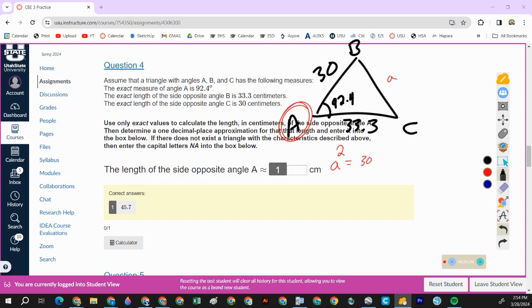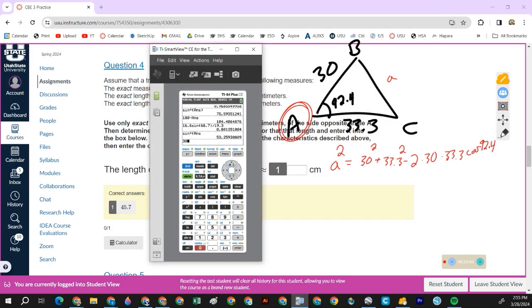So this would be 30 squared plus 33.3 squared minus 2 times 30 times 33.3 cosine of 92.4. Plug all that in. And then we have to square root that, so raise it to the 1/2, and I get 45.7.